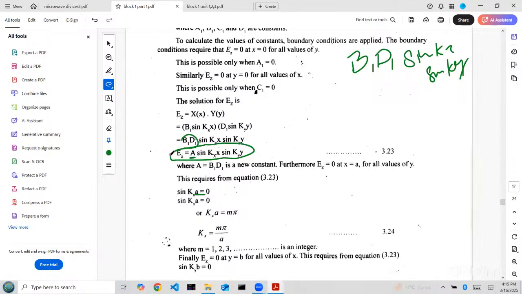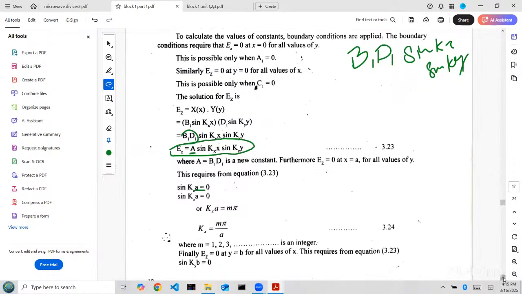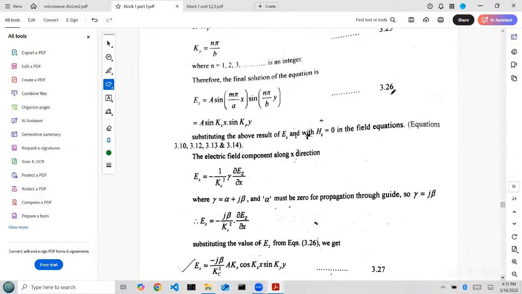After substituting, you will get equation 3.26. In place of kx, I am substituting m pi by a, and in place of ky, n pi by b. We are getting equation number 3.26. Now I am treating Hz equal to 0.